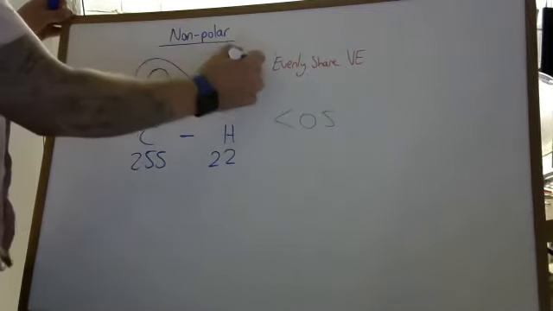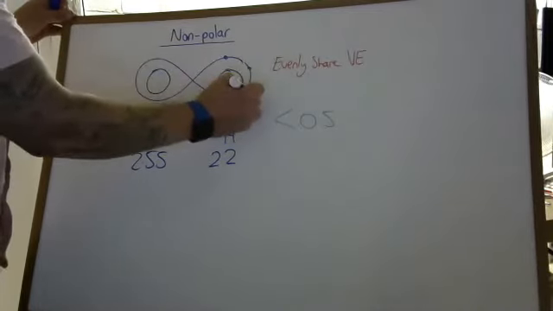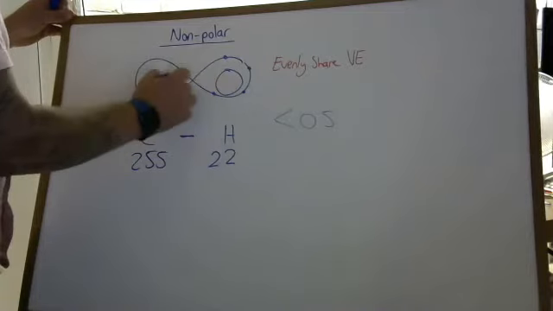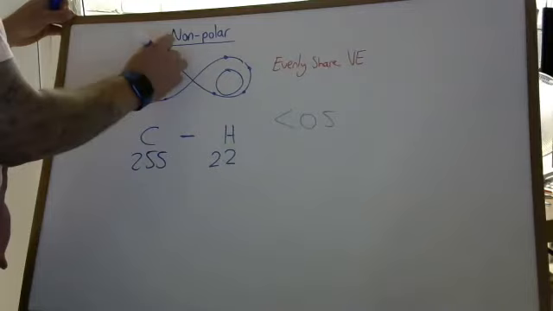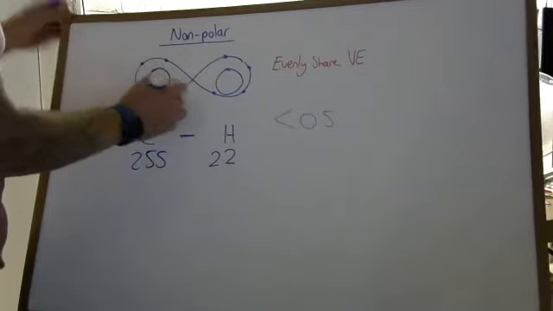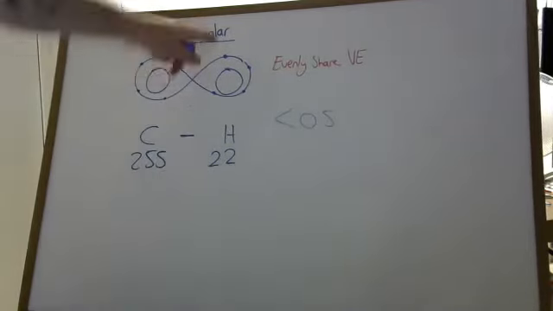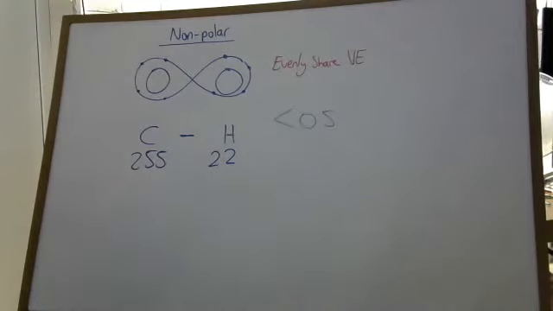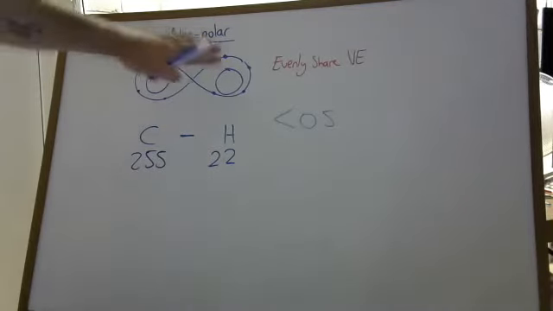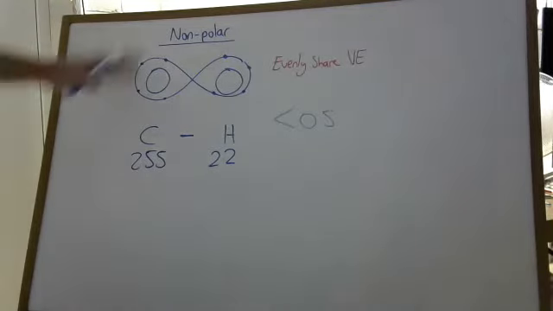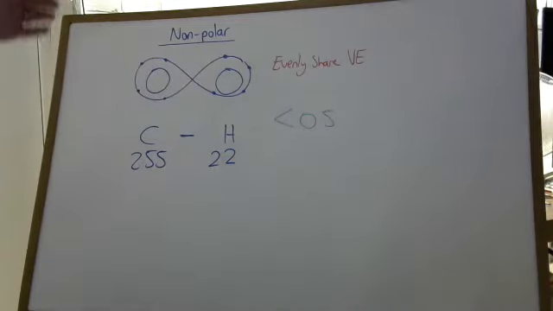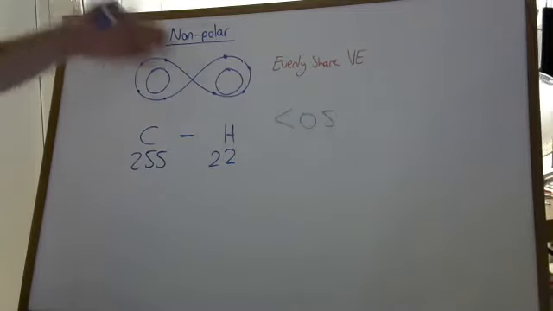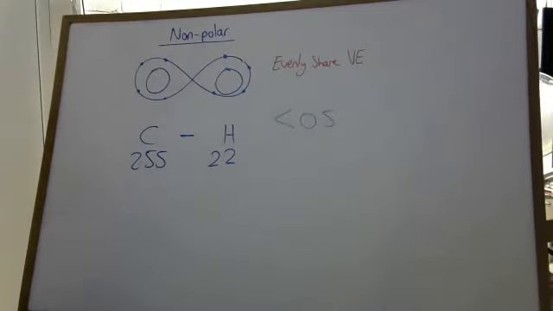So there's 8 valence electrons, 4 around here. I know in carbon and hydrogen it's not this, but let's just pretend it is. And the term pole comes from a magnet. So there are no uneven poles here. The charge, or the electrons, is distributed around the two atoms evenly.